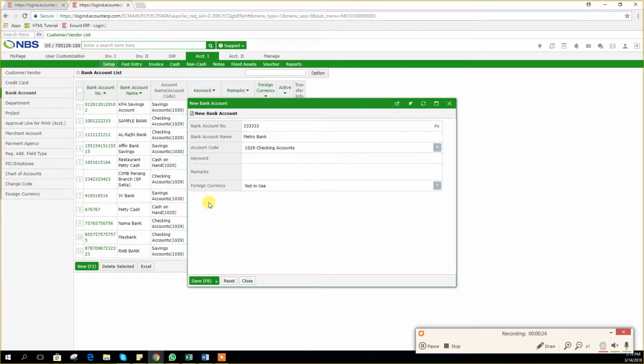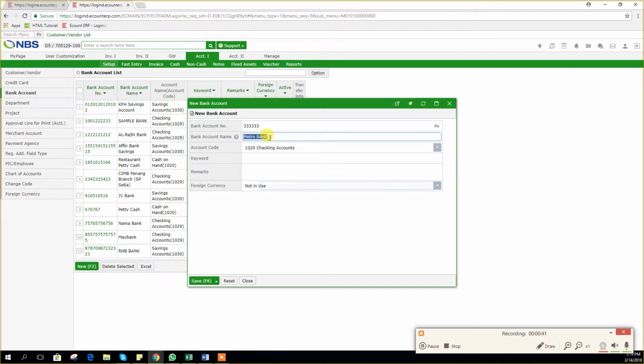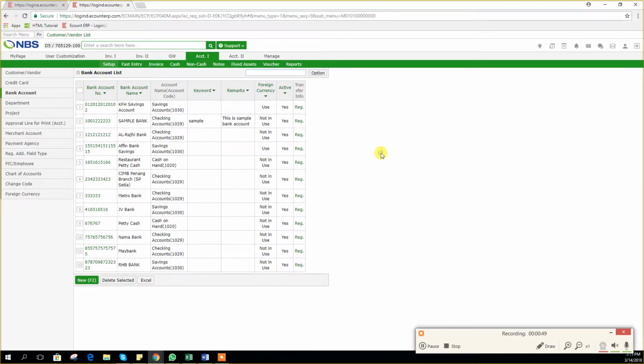If you are using a foreign currency inside this bank, it means you have foreign currency inside this account, not that you buy foreign currency. So you must tell the system what currency this bank is using, alright? So you have Metro Bank now.